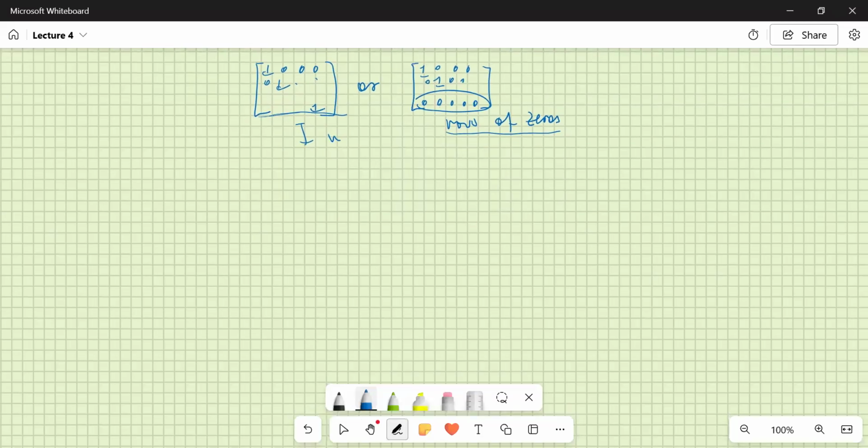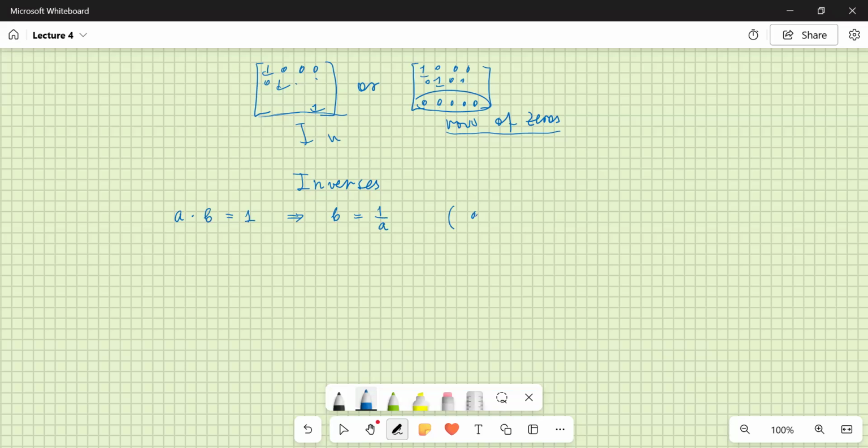Now I'm going to talk a little bit about inverse matrices. Remember that with normal numbers, we do have inverses. What are inverses? Well, in normal numbers, if you have a number A multiplied by a number B and it equals 1, we're going to say that B actually equals 1 over A. We're going to call B the inverse of A, right?